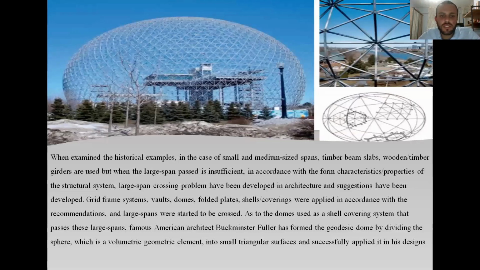When examining the historical examples, in the case of small and medium-sized spans, timber beam slabs and wooden timber girders are used, but when the large span passes, in accordance with the form characteristic properties of the structural system, large span crossing problems have been developed in architecture and solutions have been developed.